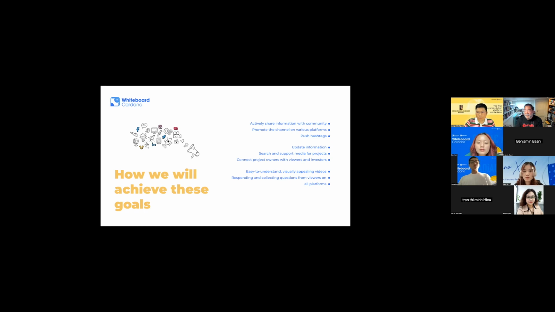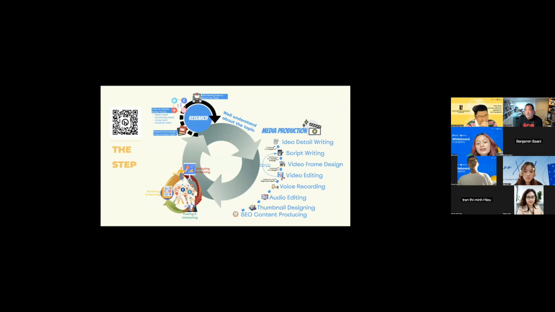Furthermore, we strive to keep our content up to date by consistently updating information and insight. By actively participating in community discussions and providing timely updates, we aim to foster a sense of connection and trust with our viewers.